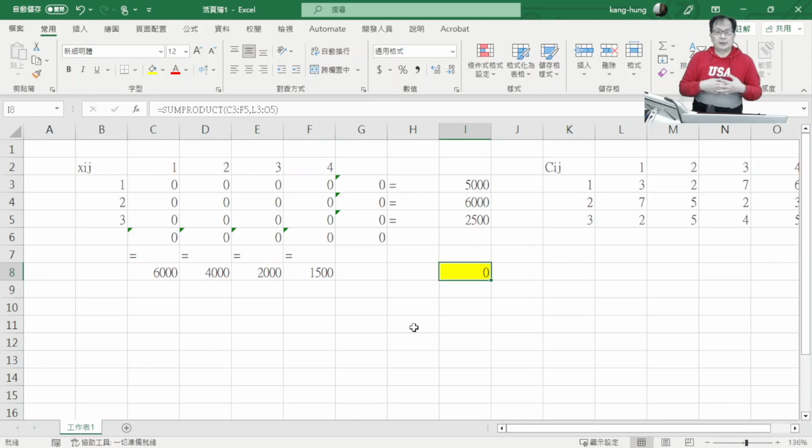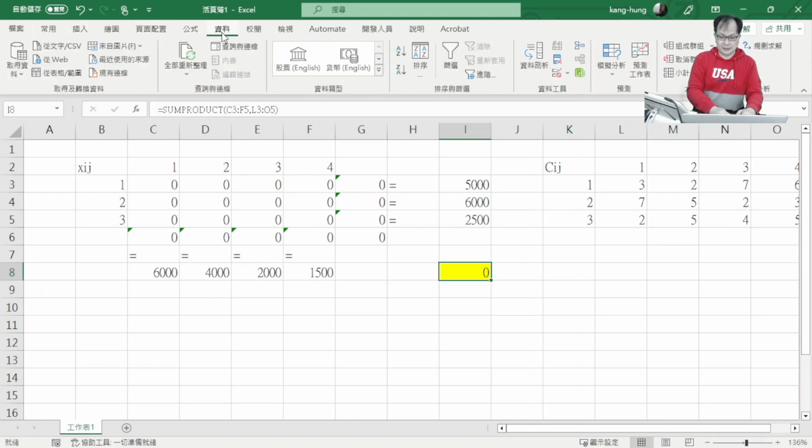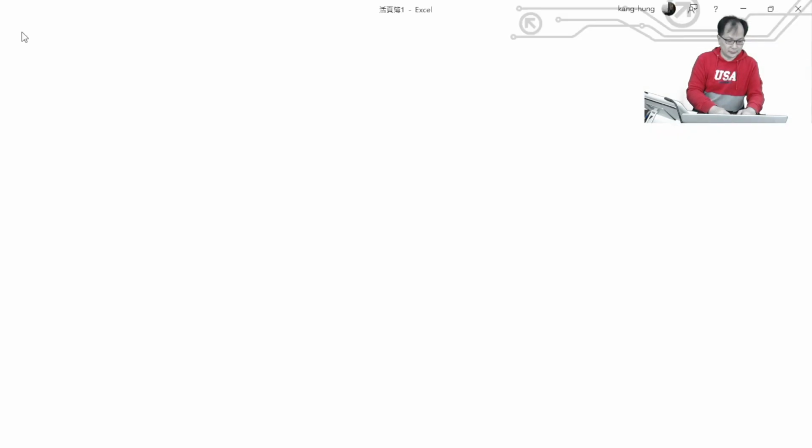Okay, so we already finished the layout of the transportation problem. Okay, then we go to the solver, which is in here. You have a solver. If you don't have solver, remember, go to the option.